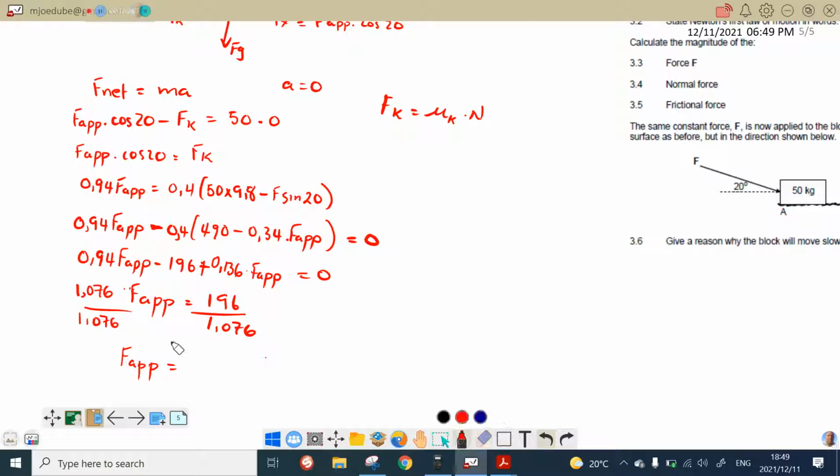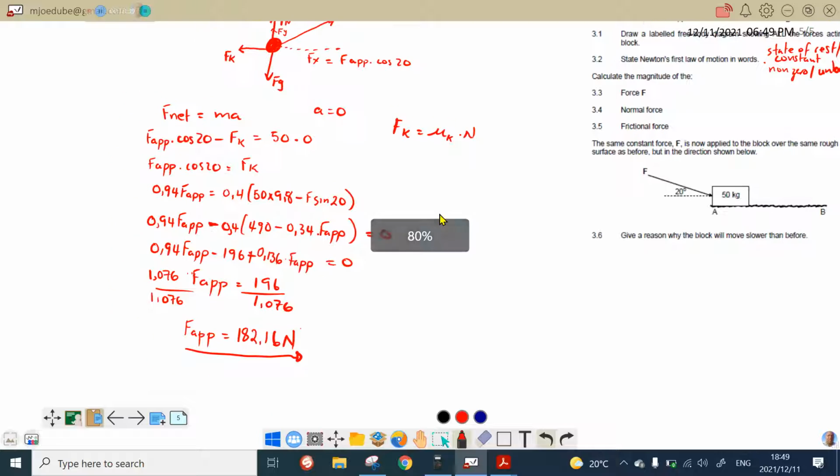So the answer you are expecting to get is 182.16 newtons. So that would be the size of the force that is applied.